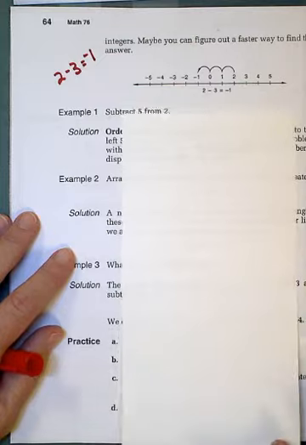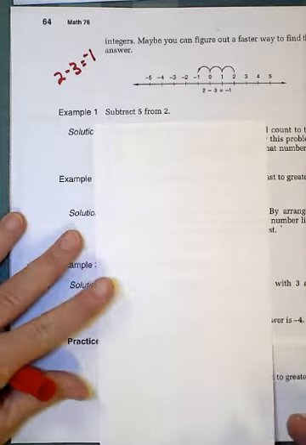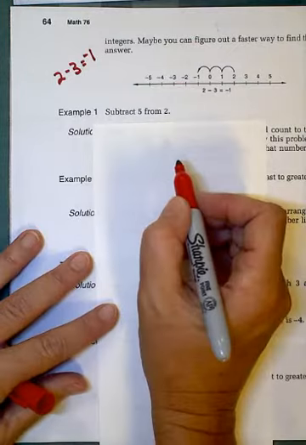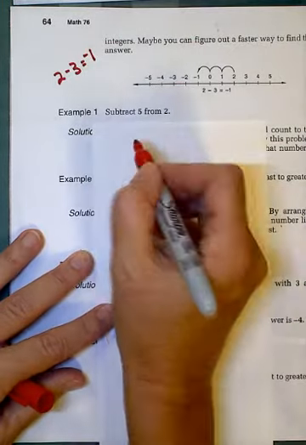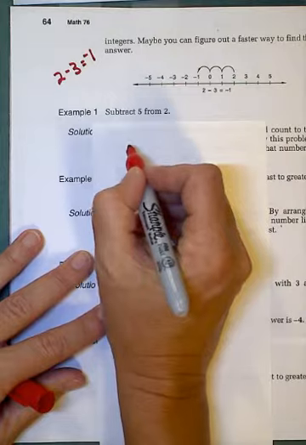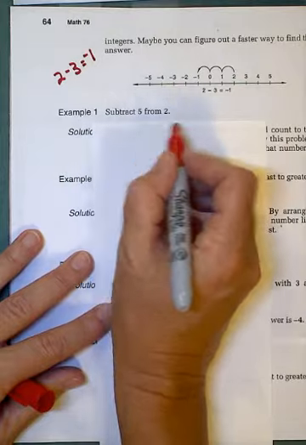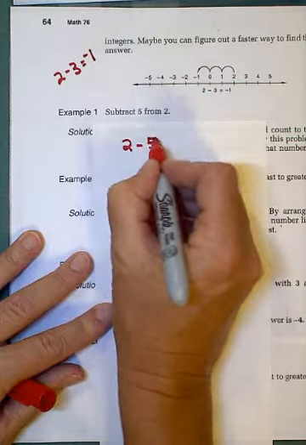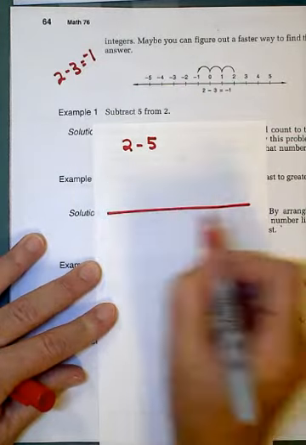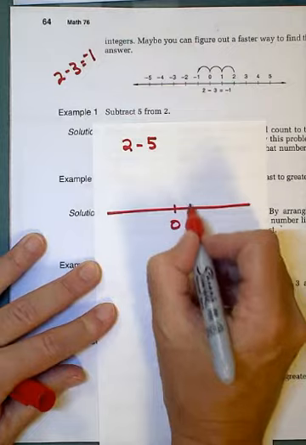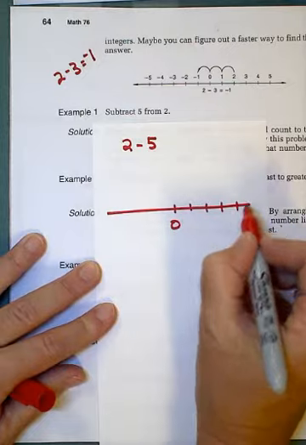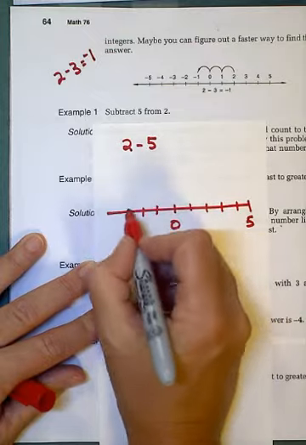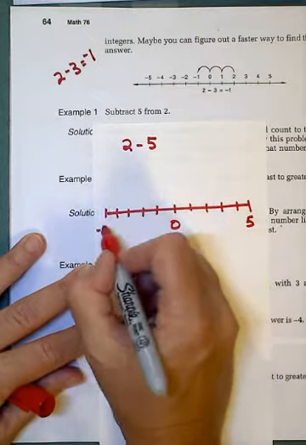I think the best way to do this is to practice. Subtract 5 from 2. The first thing I suggest you do is write out the equation. Subtract 5 from 2 means I'm starting with 2 and I'm subtracting 5. Well, on a number line, with this being 0, let me just get some numbers marked, -5.